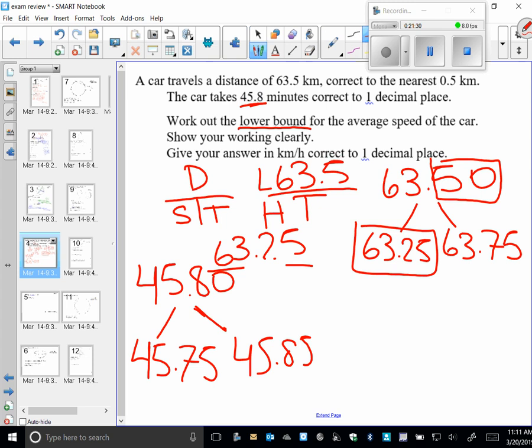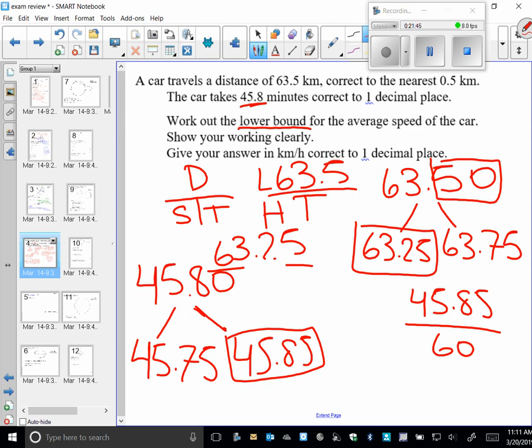So we take that and put it into our calculation. We take the higher bound and we divide it by 60, so 45.85 divided by 60. Alright, what is the hours? I don't know how to get it from hours. It's 0.764116 recurring.